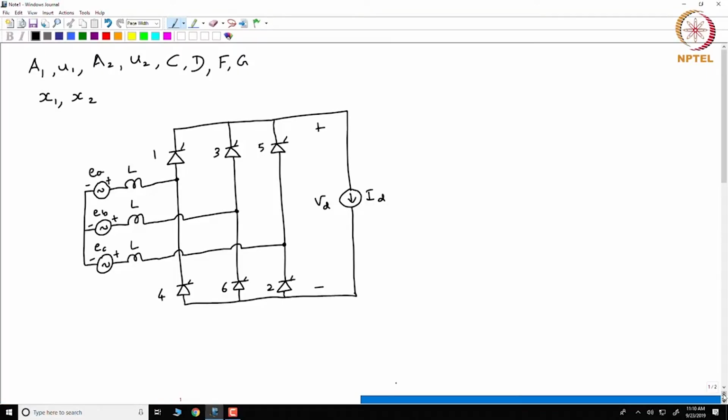Now, there is one equation which actually relates x1 and x2. What is that? In fact, there are 2 equations. One is related through D. The other one is related through F and G. That gives a hint about what can be the other elements of x1 and x2.